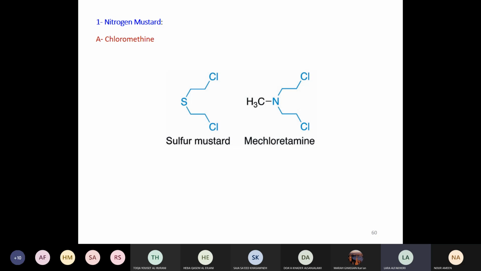That means potentially mustard gas may be used as a base to develop drugs that will be cytotoxic to cancerous cells. Okay. Now mustard gas has this structure.